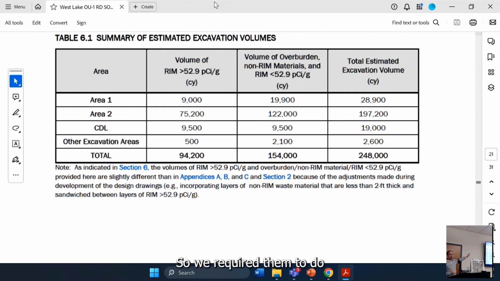So we required them to do a data evaluation and identify all those borings within those excavation depths that exceed 52.9 but don't show up on the model. And their proposal is to do short excavations around those and remove those, even though they don't show up in the model. So that's what that last row is.